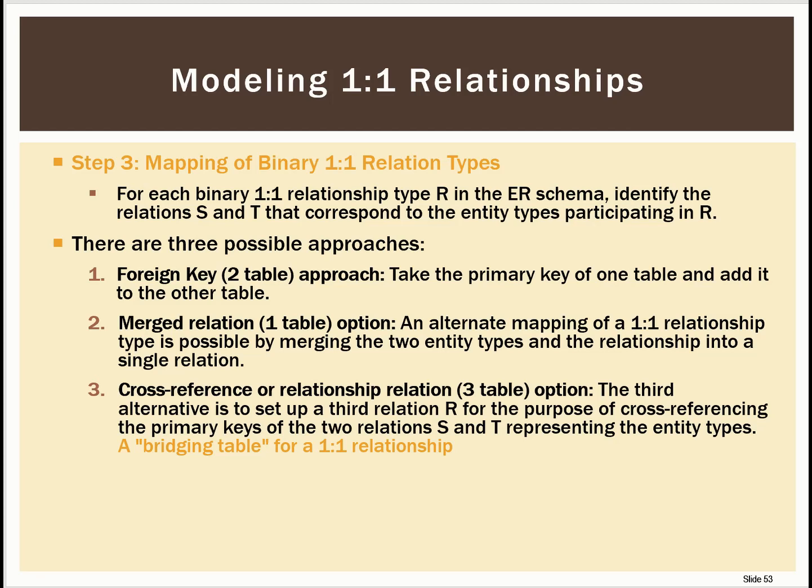Whereas if I used the foreign key approach, the 2-table approach, I only have to do 2 joins, because one of those 2 tables will have the foreign key for the other one. But if I did a merged relation, that's the most efficient because I can go one place and grab all the information I need. So then why don't we always use a merged relation in a one-to-one option?